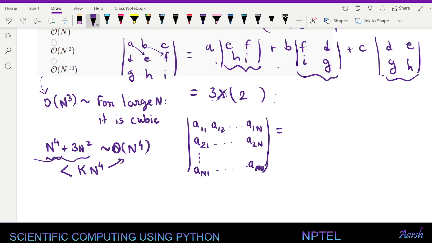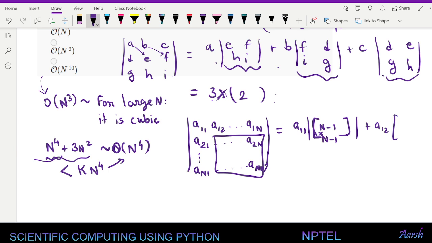This can be broken down into A11 times this matrix, which is this block, right? So the determinant of this. And what's the dimension of that? That will be n minus 1 cross n minus 1, right? Plus A12, again an n minus 1 cross n minus 1 matrix, and so forth.